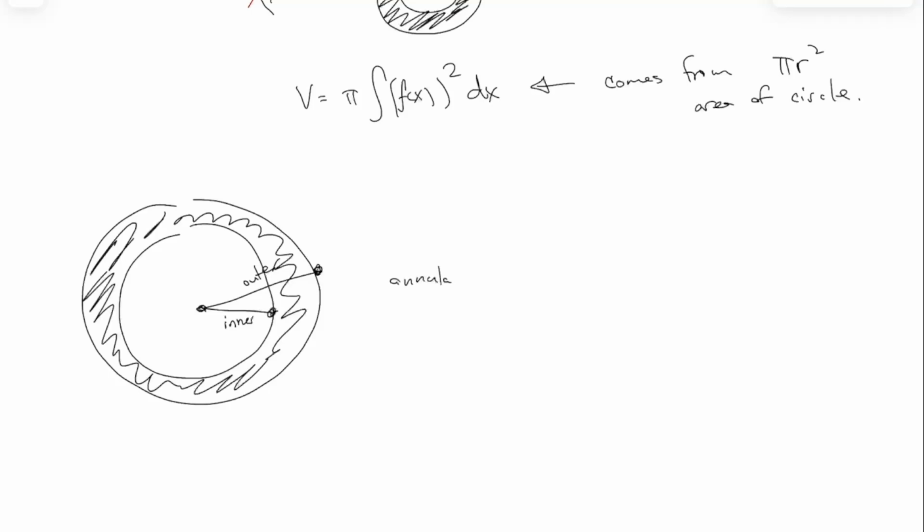Annular is the adjective version of annulus, just like circular and circle. The annular area is pi times the outer radius squared minus the inner radius squared. It's because I'm taking the full circle area, the outer circle, which would be pi r squared, but then I subtract away the inner circle, the square of the radius of the inner circle. So that's the total annulus area.